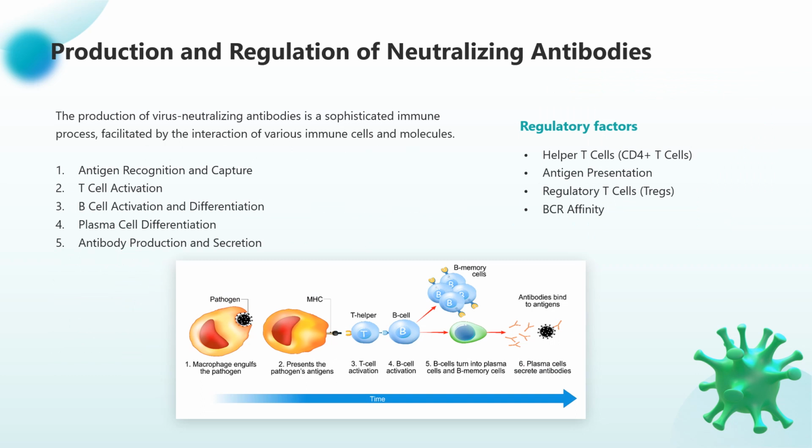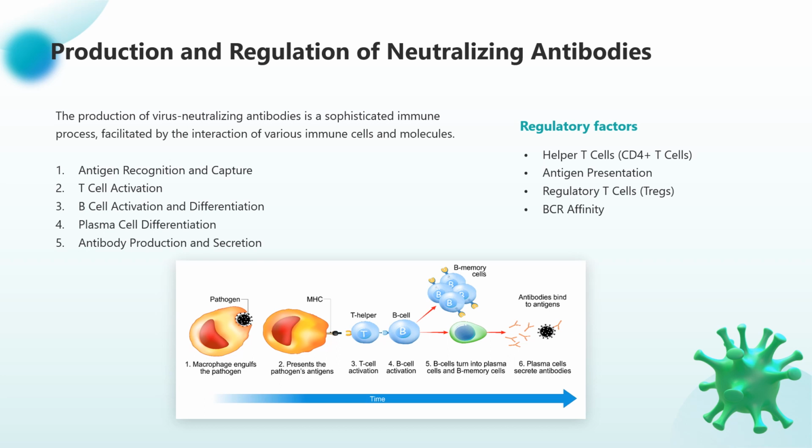When a virus invades the body, it's immediately targeted by our immune system. Antigen-presenting cells, such as dendritic cells and macrophages, capture the virus and showcase its components on their surfaces using MHC class II molecules. This display prompts helper T cells to recognize these viral fragments, triggering their full activation with additional signals from the presenting cells.